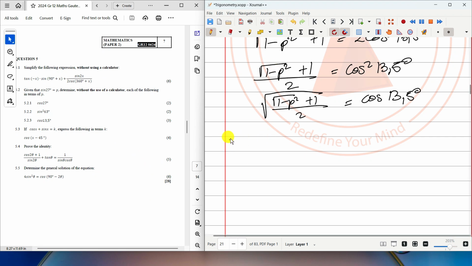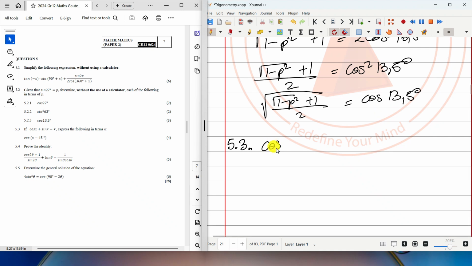Right, 5.3. 5.3 says you have cos x plus sin x is equal to k. Express the following in terms of k. So we need to express cos open bracket x minus 45 degrees in terms of k.